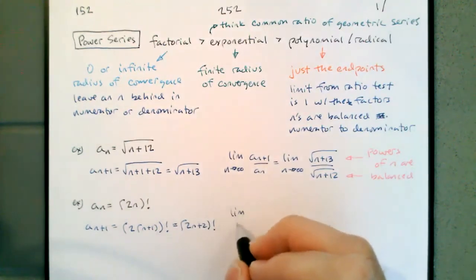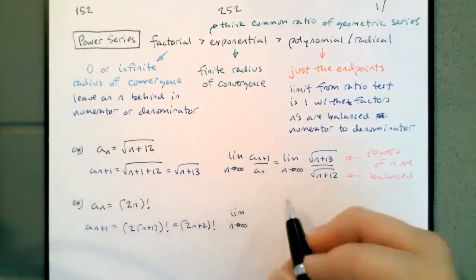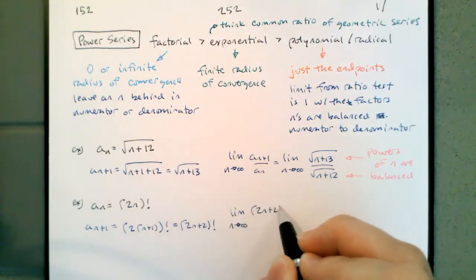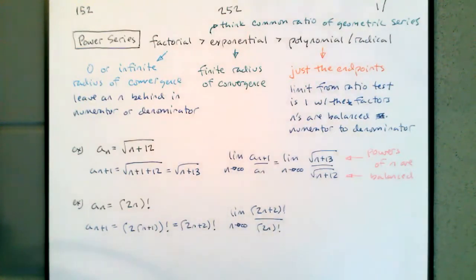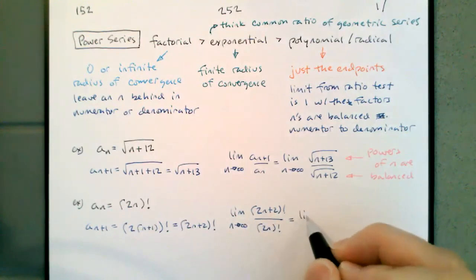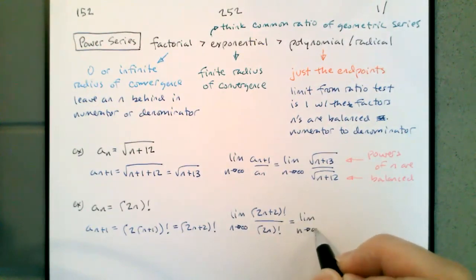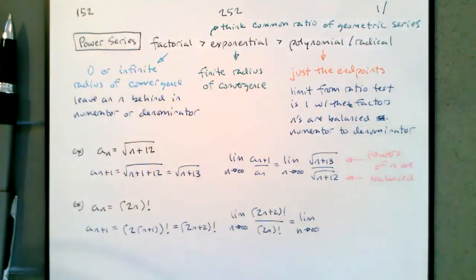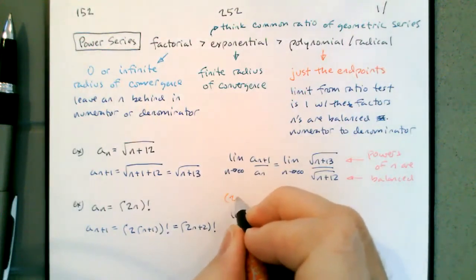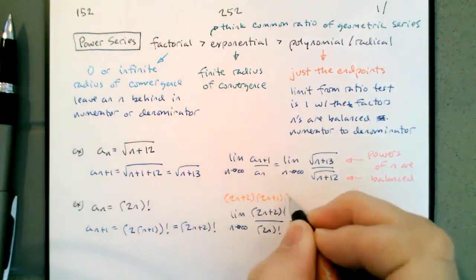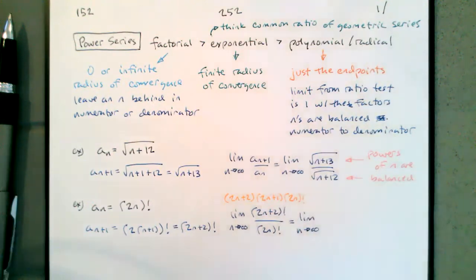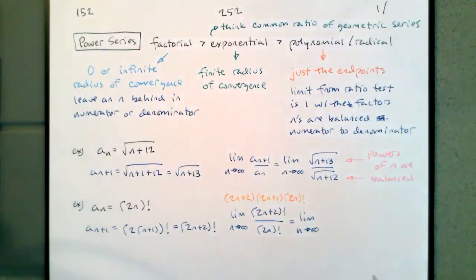Here we'll have the limit as n goes to infinity of a_(n+1) over a_n, which is (2n+2) factorial over (2n) factorial. If I simplify the larger factorial until I get to the smaller factorial, the larger factorial is (2n+2) times (2n+1), and then we get to the smaller factorial, so I can stop: (2n) factorial. So the (2n) factorial cancels out, and what's left behind is (2n+1) times (2n+2).